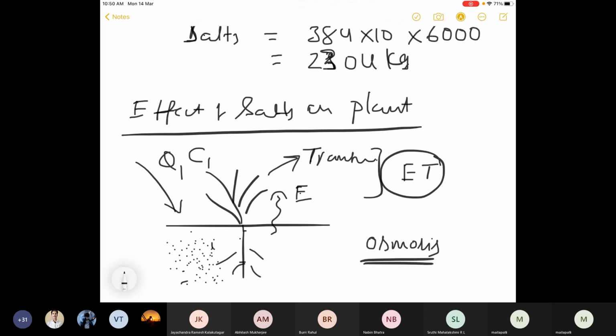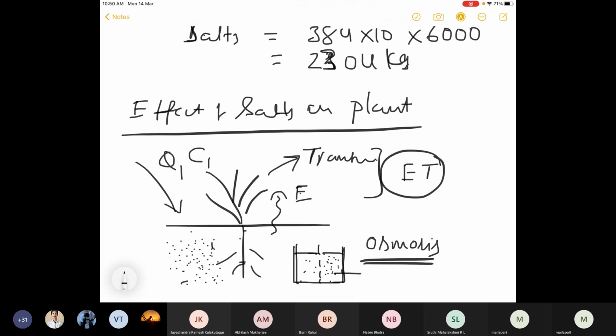So the osmosis, that means suppose you have a solution which is separated with a membrane. Let's say you have a salt solution here and a lower concentration on the other side.